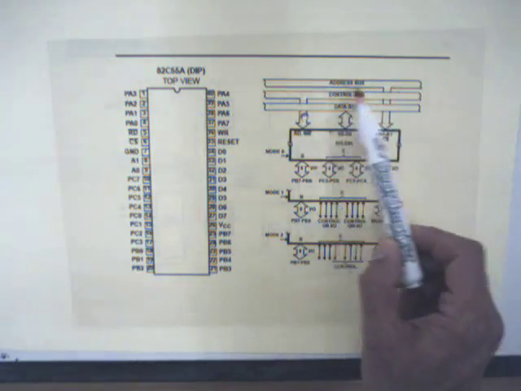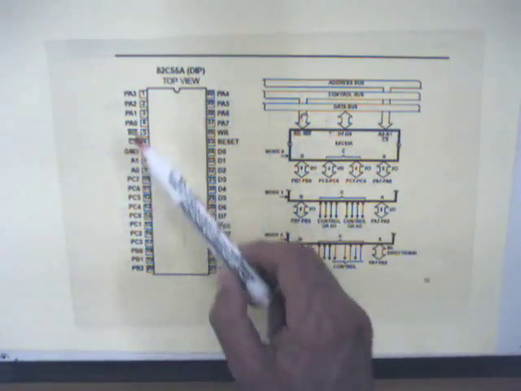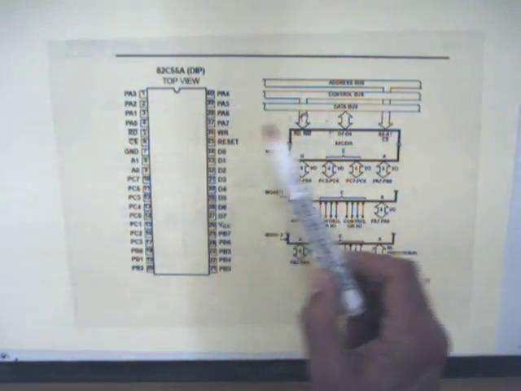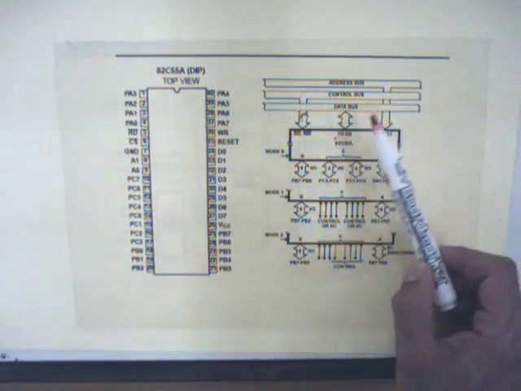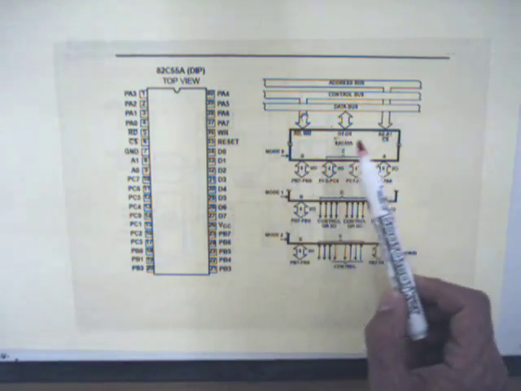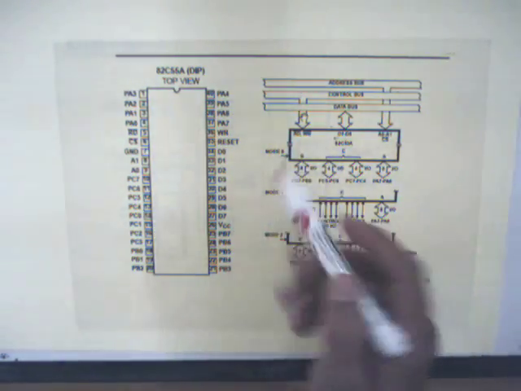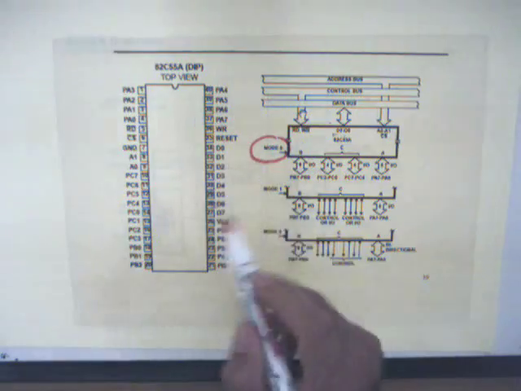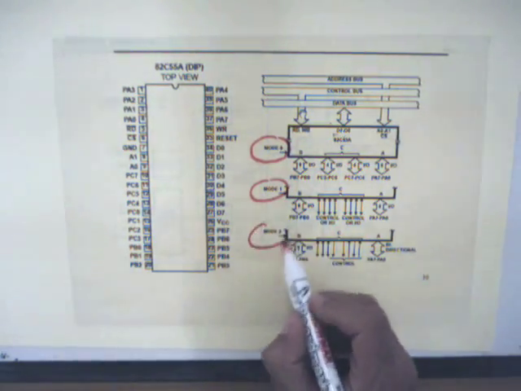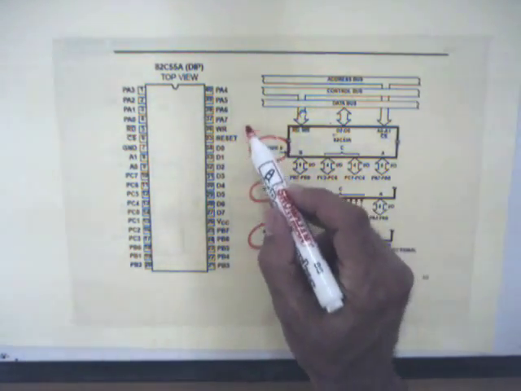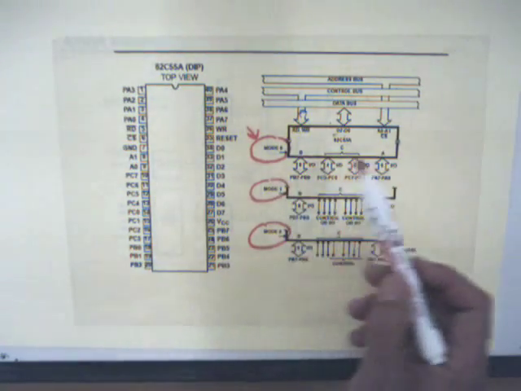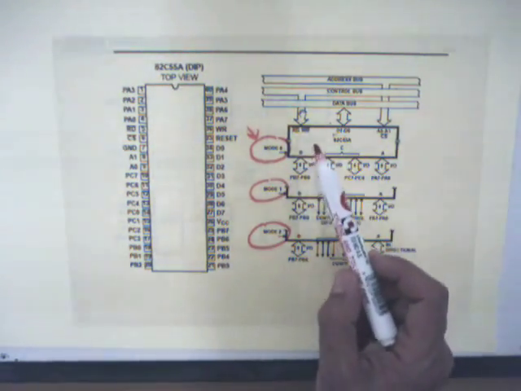So all these terminals and the bus lines are connected to suitable pins of the integrated circuit via these blocks. Now the integrated circuit can be operated in 3 modes: mode 0, mode 1, mode 2. In this film only mode 0 will be explained.